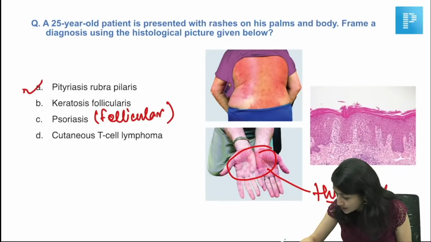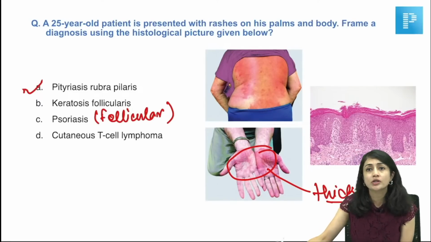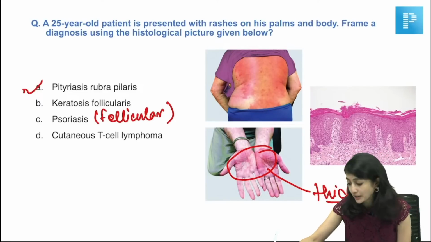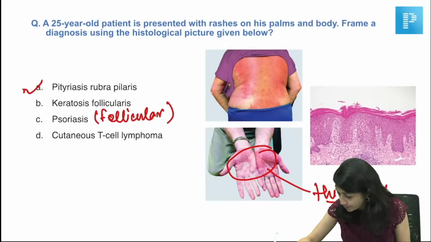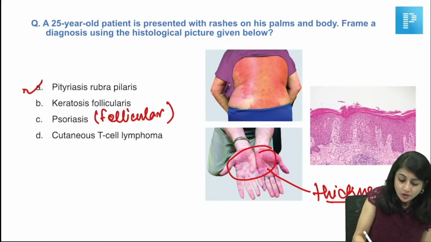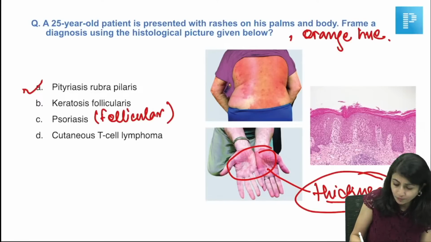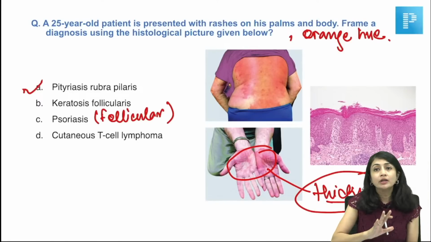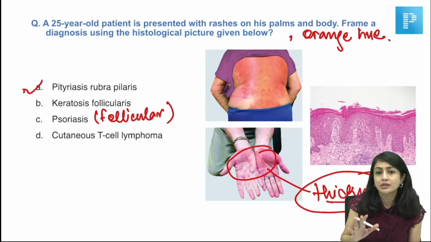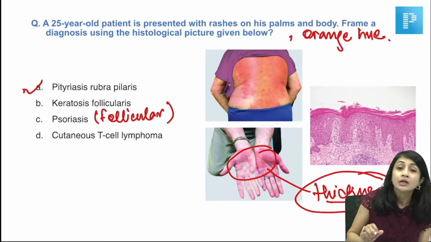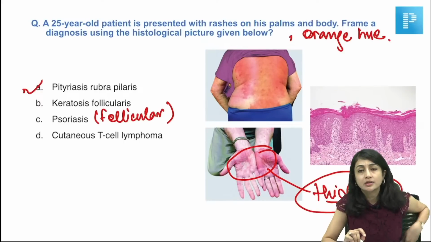Was there disc keratosis or alternate hyper and parakeratosis? Orange hue. Perfect. So, if there was orange hue mentioned in the question, if there was thickness of palms and soles, and if the histopath was something similar to what's seen here, then PRP would be the correct answer.